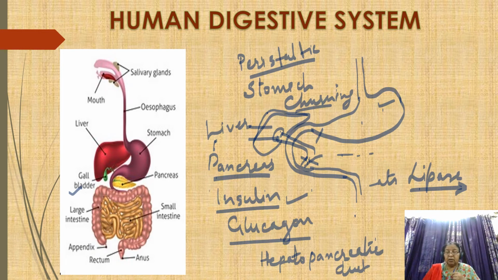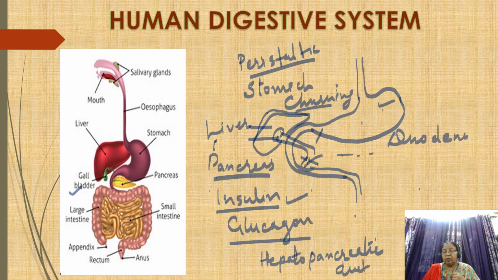So let's discuss the duodenum part, the first part, duodenum. This duodenum part is the first part of the intestine. Second part is called the jejunum, and last part is called the ileum.